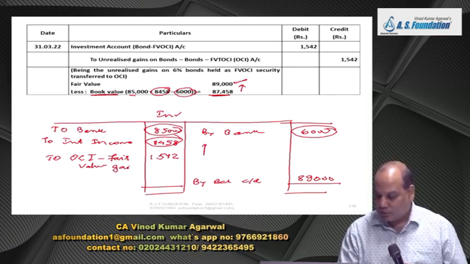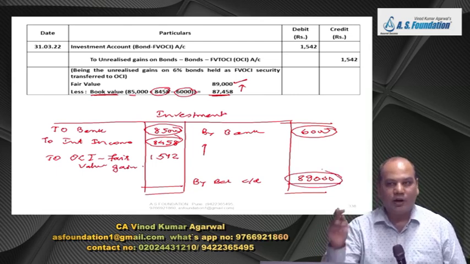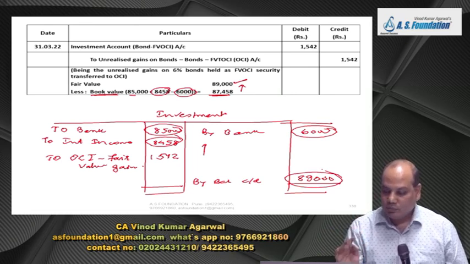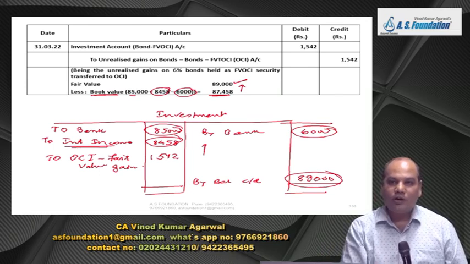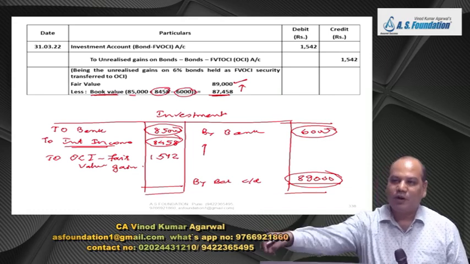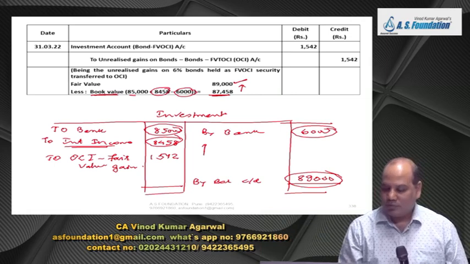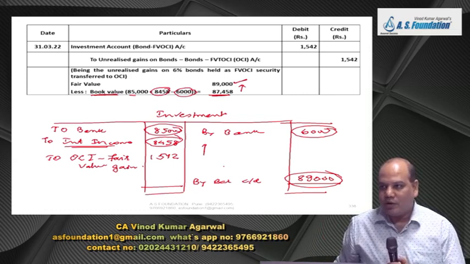So this is the ledger account I have drawn for the first year. Is it right? Now just dear student, please understand, next year opening balance you will write 89,000. Interest income you will take from the amortization table. And by bank you will write 6,000. By balance carried down, again the fair value at the end of year 2. And again the difference you transfer to OCI. Is it right? Yes or no?